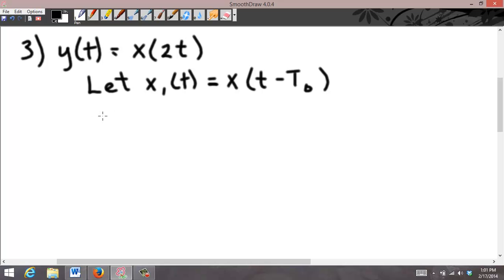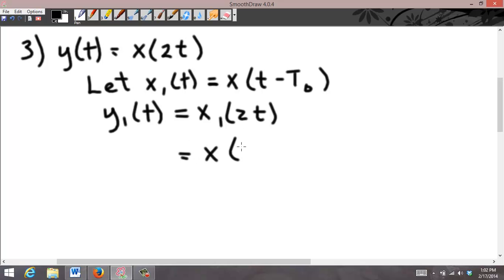We have y1 of t is going to equal x1 of 2t. Well, where is t up here? It's right there. So that's what gets replaced with 2t. So that equals x of 2t minus t naught.